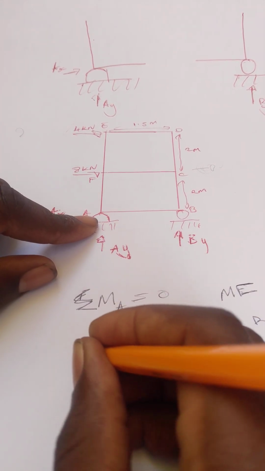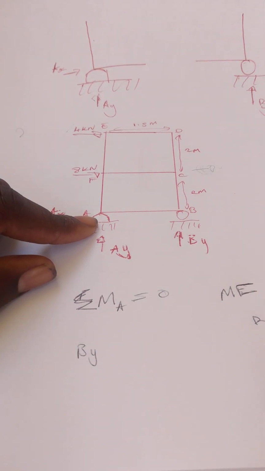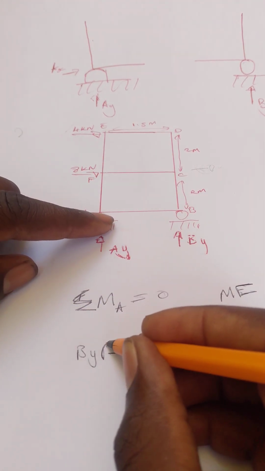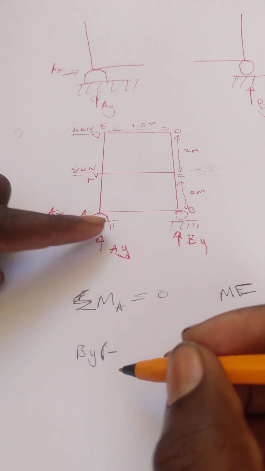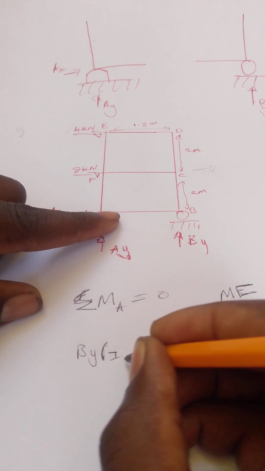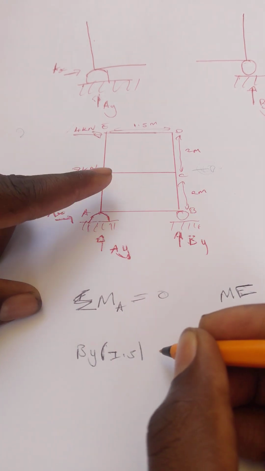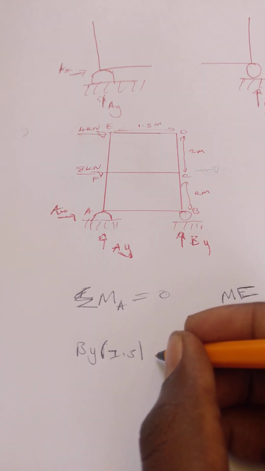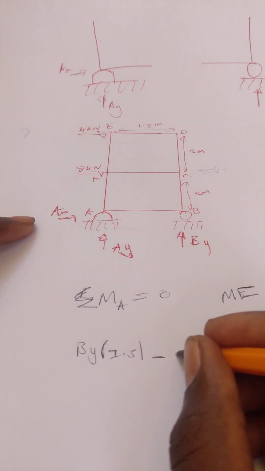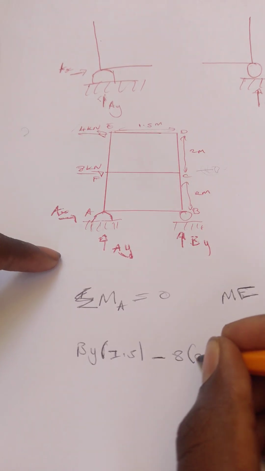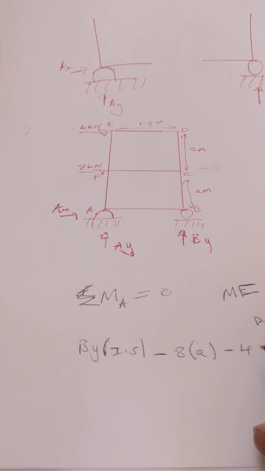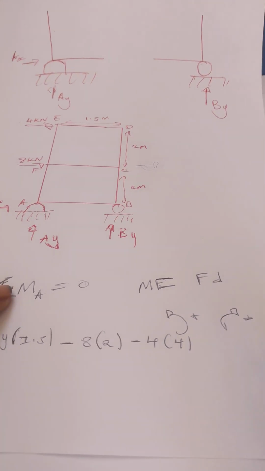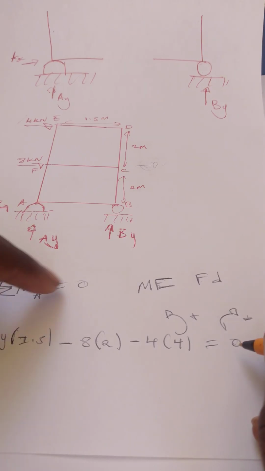So I'll say B in the Y, it's positive, anti-clockwise, multiplied by the distance from here to here, which is 1.5. Then this one is clockwise, so negative: minus 8 times its distance, which is 4, equals 0.